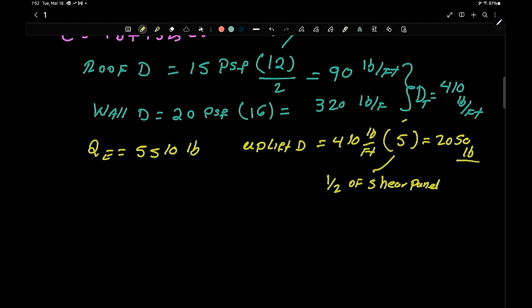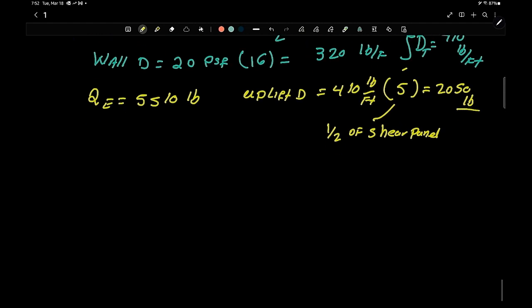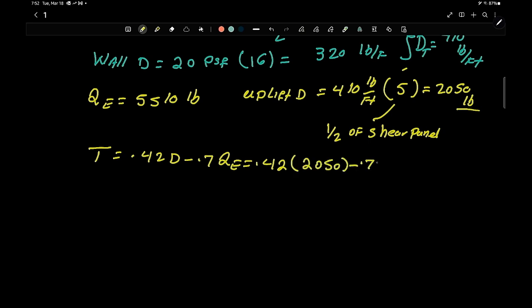Then we can go ahead and plug all these numbers in for the load combination. So T comes out to be, from above, 0.42 D minus 0.7 QE, which is equal to 0.42 times 2050 minus 0.7 times 5510.